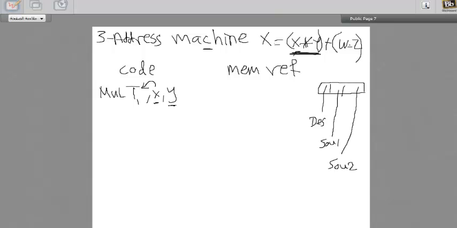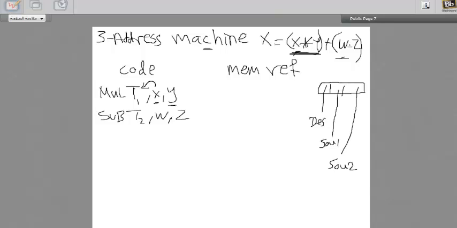Now, the second step, we just say subtract W and Z and store the value inside T2.